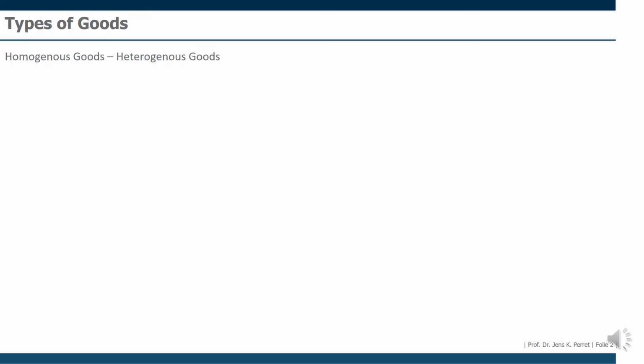Here we can start with the difference between homogeneous and heterogeneous goods. Homogeneous goods are the archetypical example we assume to exist in economics, whereas heterogeneous goods are more the practical, real-life situation.